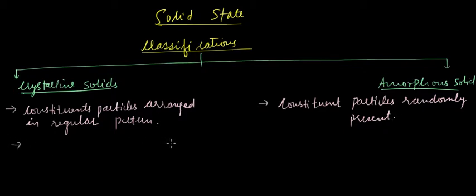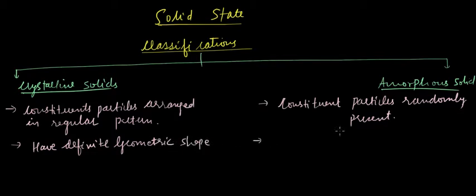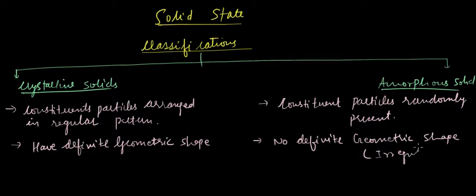Next, crystalline solids have a definite geometric shape, and amorphous solids have no definite geometric shape, or we can also write they have irregular shape.